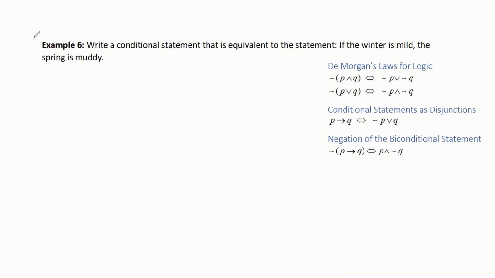Example 6, write a conditional statement that is equivalent to the statement, if the winter is mild, then the spring is muddy. So we'll let P be the winter is mild, and Q the spring is muddy.